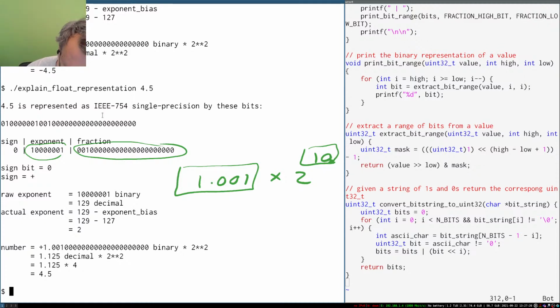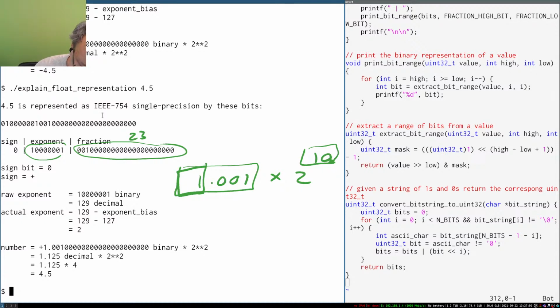When storing fractions, there are 32 minus 9, which is 23 bits for the fraction. If we stored that first digit of the fraction, that would be a wasted use of a bit because it's always 1.